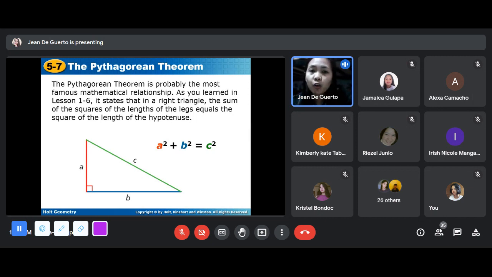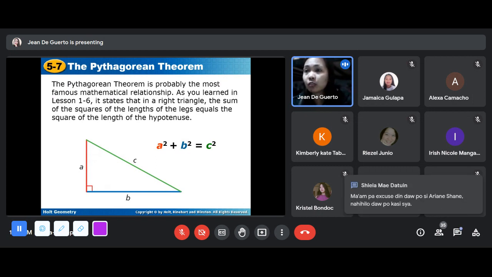Okay? So, in Pythagorean theorem, it deals with a right triangle. So, the theorem states that in a right triangle, suppose we have this triangle, the sum of the square of the lengths of the legs equals the square of the length of the hypotenuse.